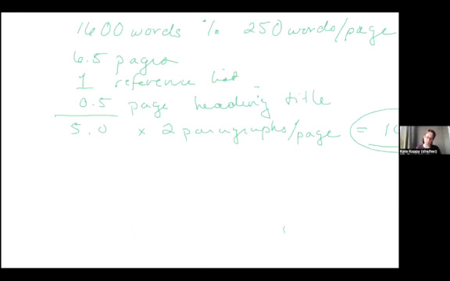Okay, so this is the resource that we have to spend, but there are still some requirements that we need to think about. So let me change colors with my pen here. If we have 10 paragraphs, we know that argumentative thesis-driven essays have a three-part structure, right? They have an introduction, a body, and a conclusion.